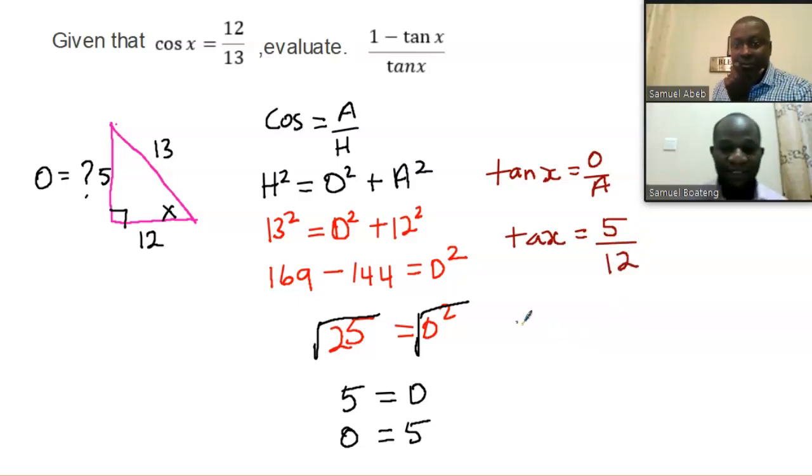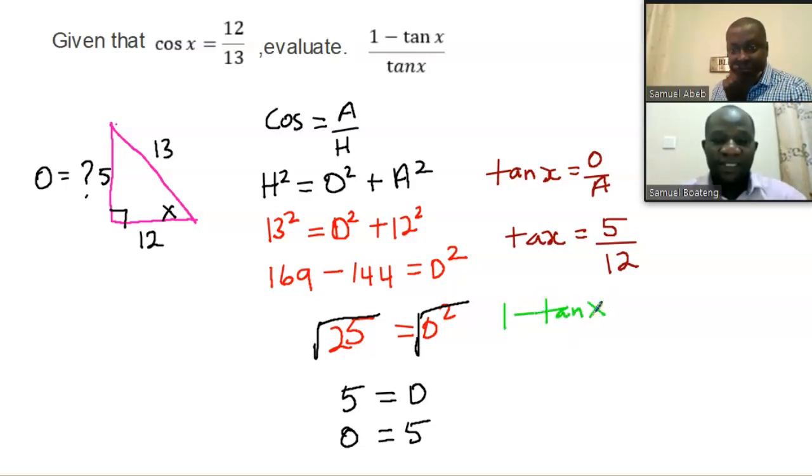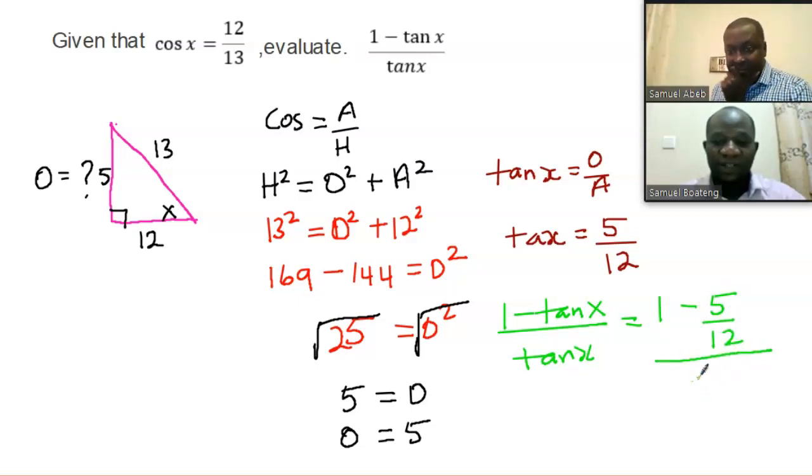We then substitute this in the expression. So we're going to have 1 minus tan x over tan x. This is equal to 1 minus 5 on 12 over 5 on 12.